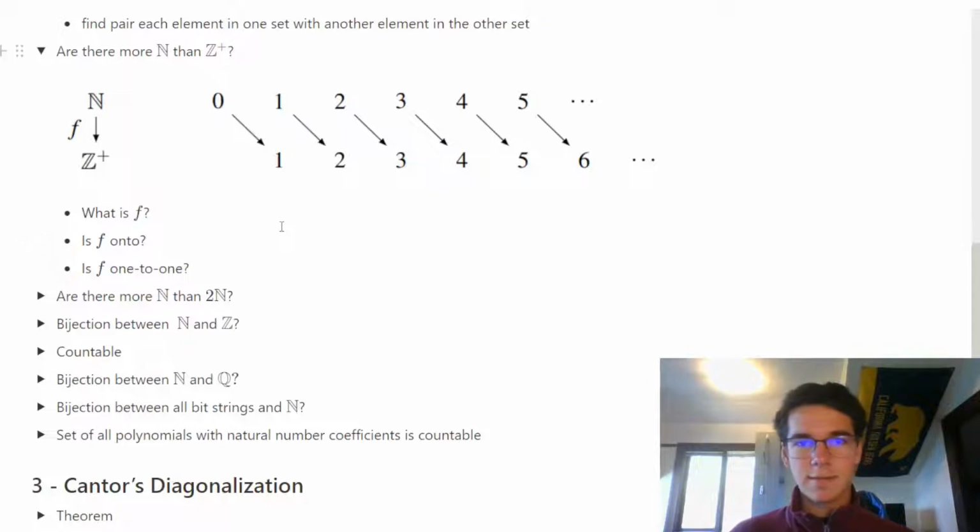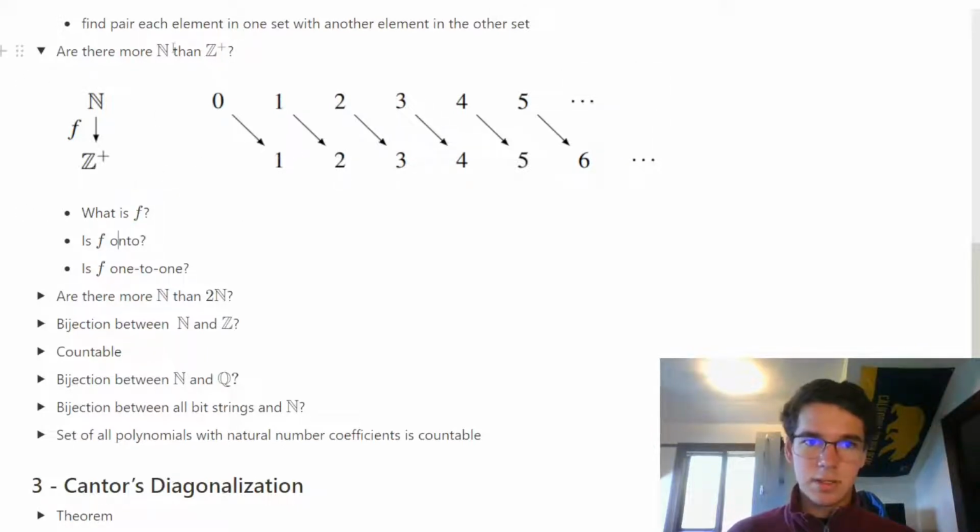Okay, so is f onto? Yes, it's onto because every y has some x, and then is it one-to-one? Well, as we can see, all y have some x. So therefore, because this is one-to-one and onto, there's a bijection.